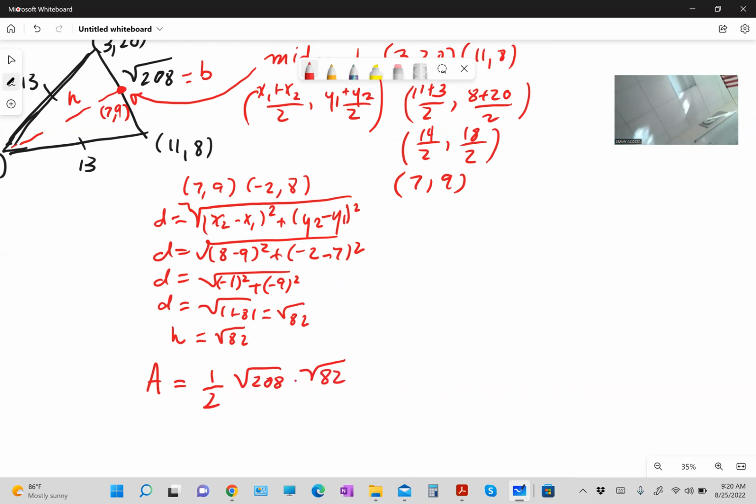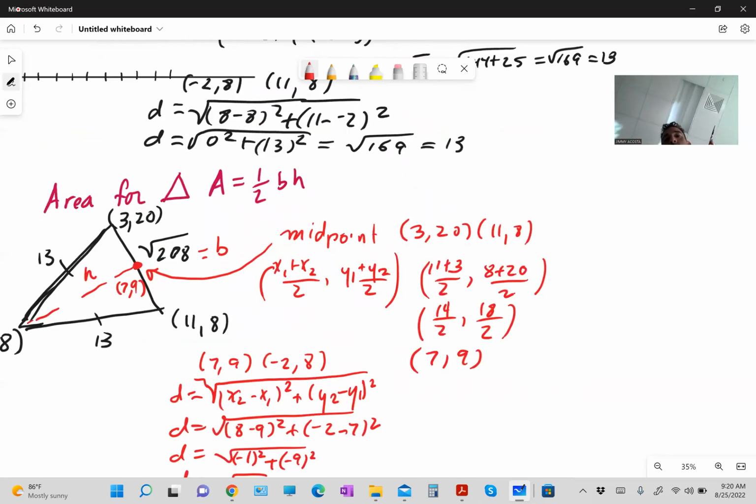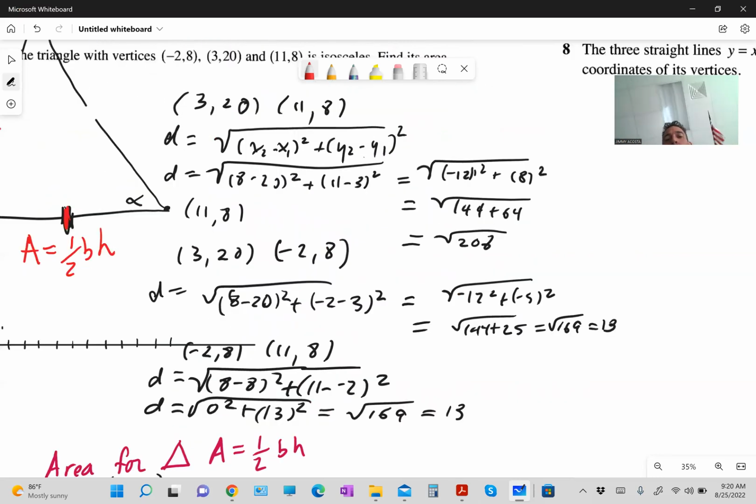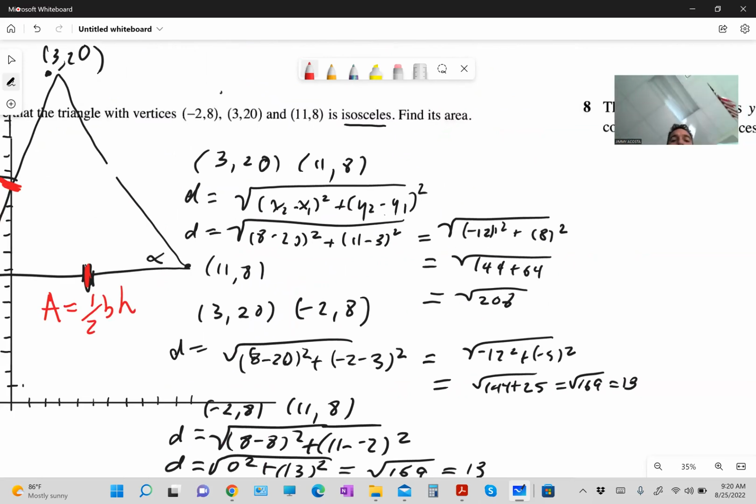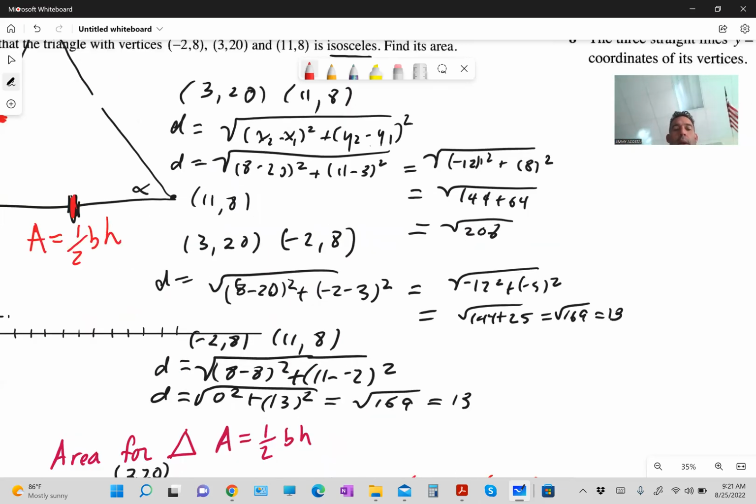Before I continue, I have to make sure I did that right. 8 minus 20 indeed is negative 12. And 11 minus 3 is indeed 8. And 144 plus 64 is indeed 208.